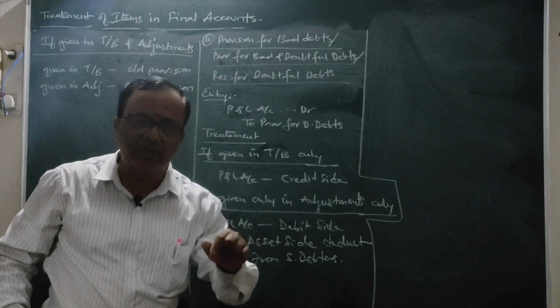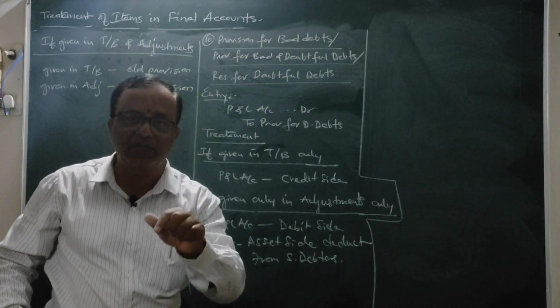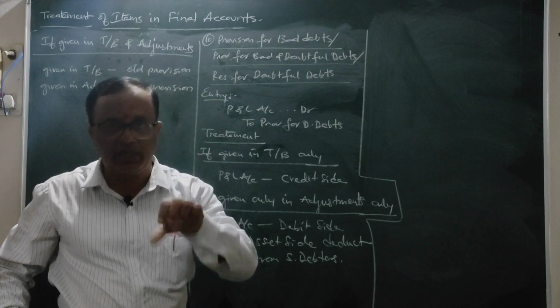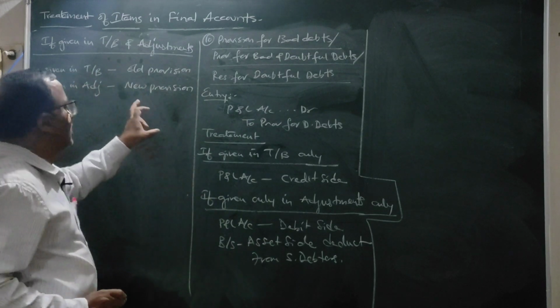The one which is given in adjustments, you are going to assume as a new provision. That means the provision given in the trial balance is last year's provision, the old provision, and the one given in the adjustments is a new provision created now.